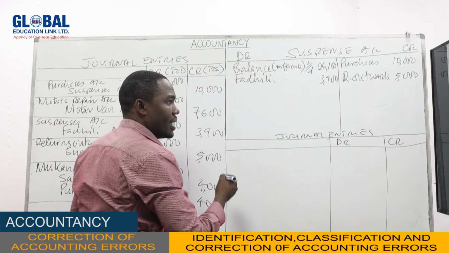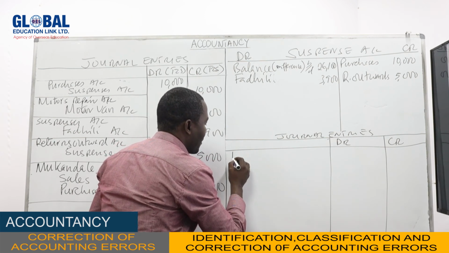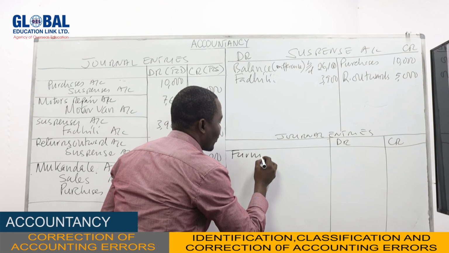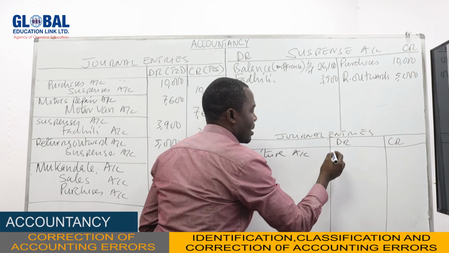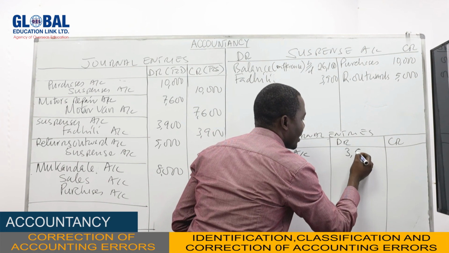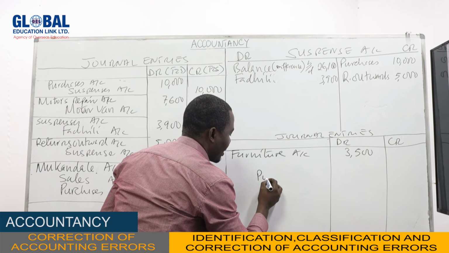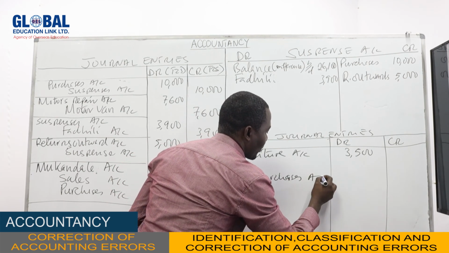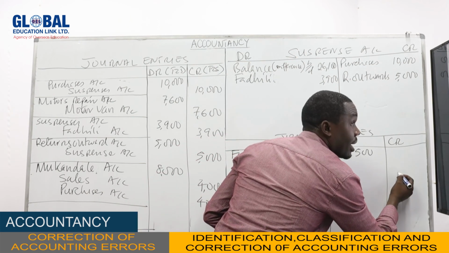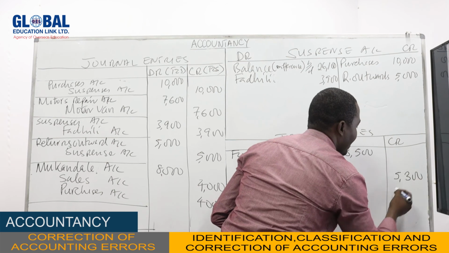So how to correct this? My dear students, we debit furniture account by 3,500, and then we credit purchases account by 5,300.